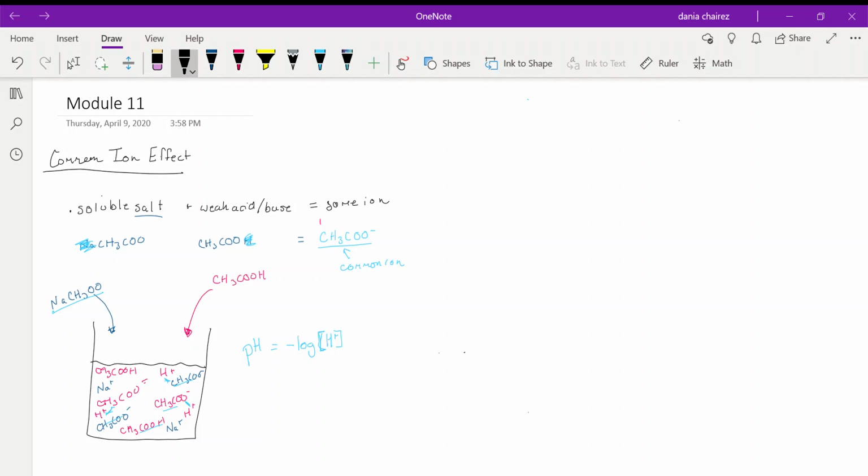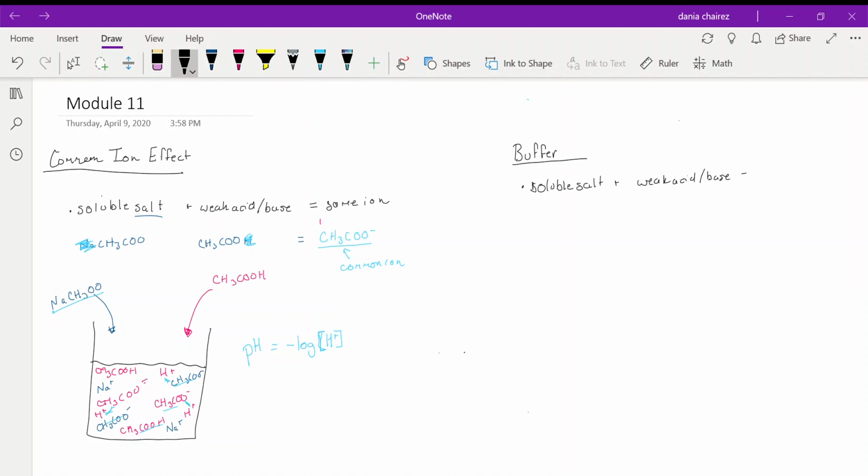Because of that, we have something known as a buffer solution or a buffer system, where it's essentially the same thing as before: a soluble salt plus a weak acid/base.